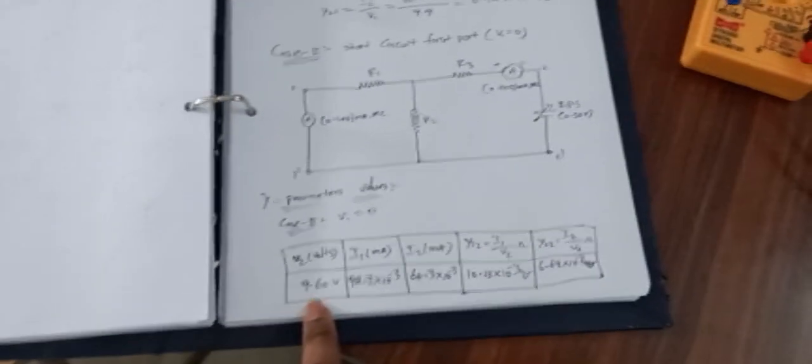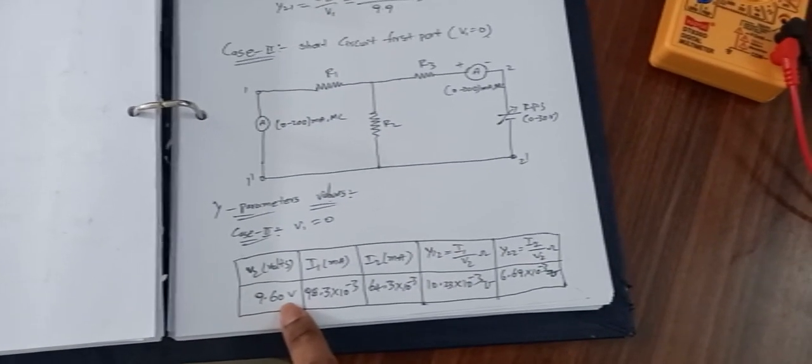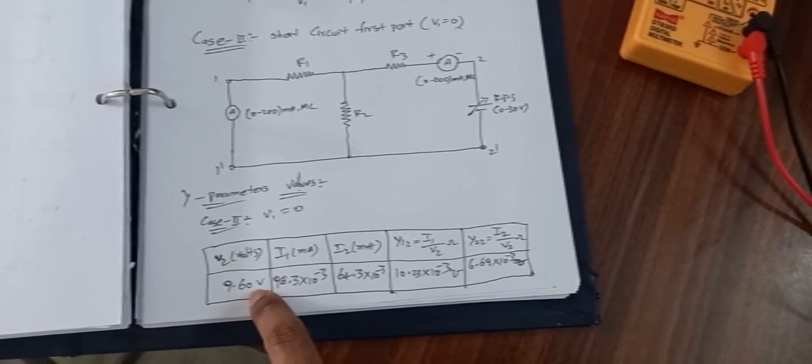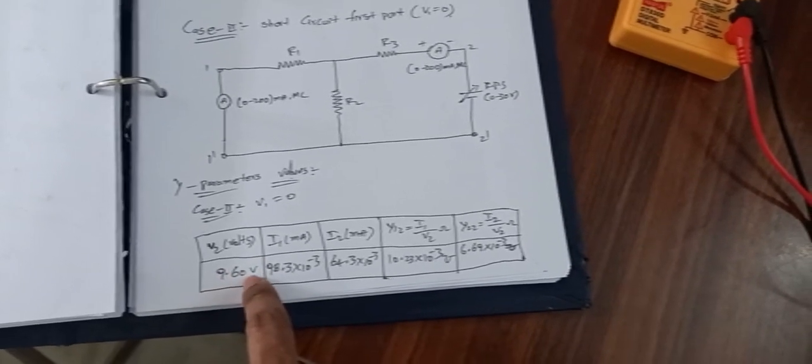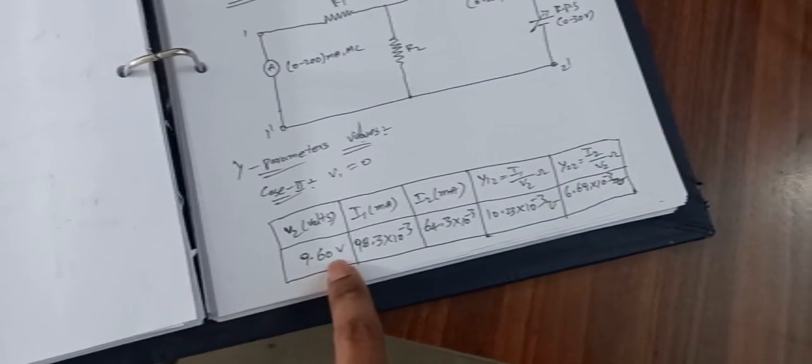Okay, same 9.60 as previously when I connected it. At the time I got V2 voltage as 9.60 volts. V2 voltage means where we are connecting the power supply, that voltage is V2 voltage. That one is 9.60 volts.